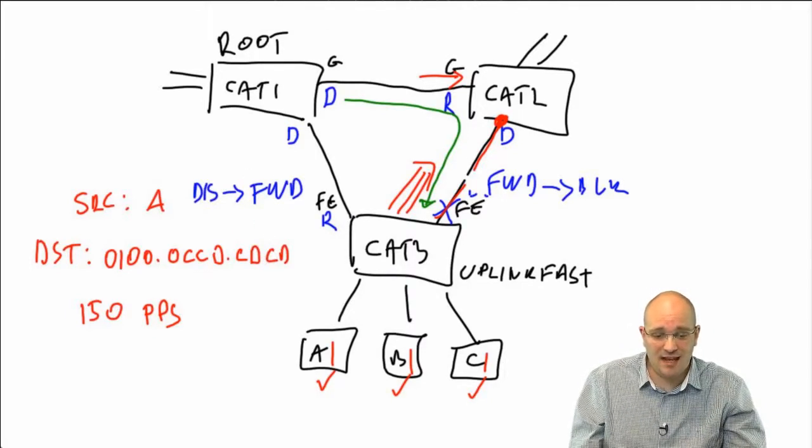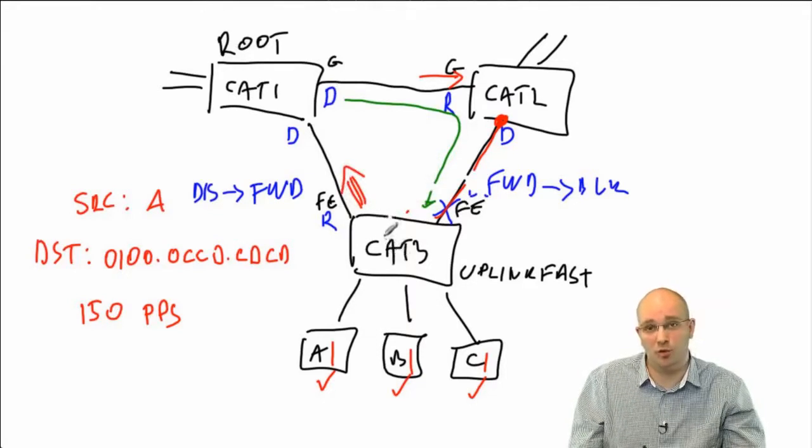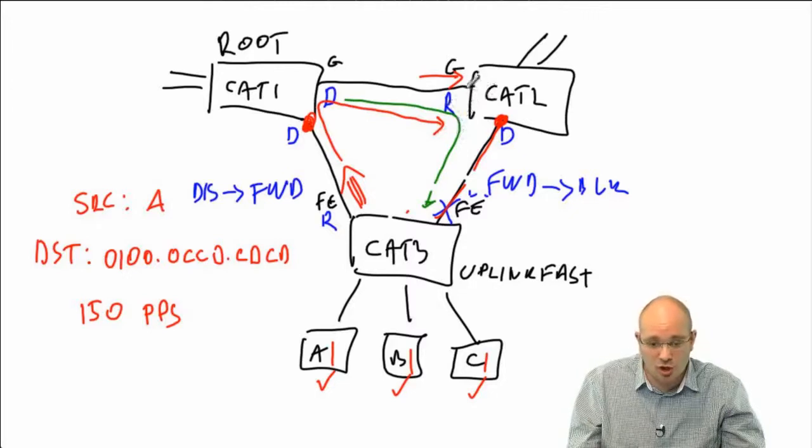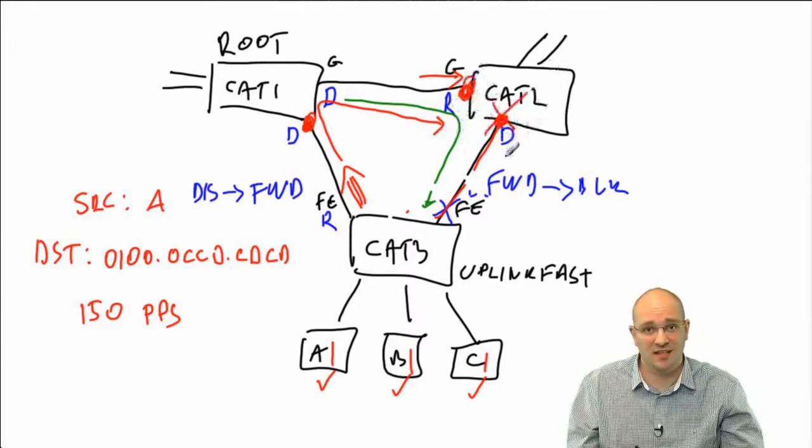We are going to start flooding the traffic on this interface towards Cat1, making sure that Cat1 learns these MAC addresses. And because these are multicast frames, they're going to go out to Cat1 and reach Cat2, so Cat2 is going to learn them from here and unlearn them from this interface. So you can see how UplinkFast can improve the performance.